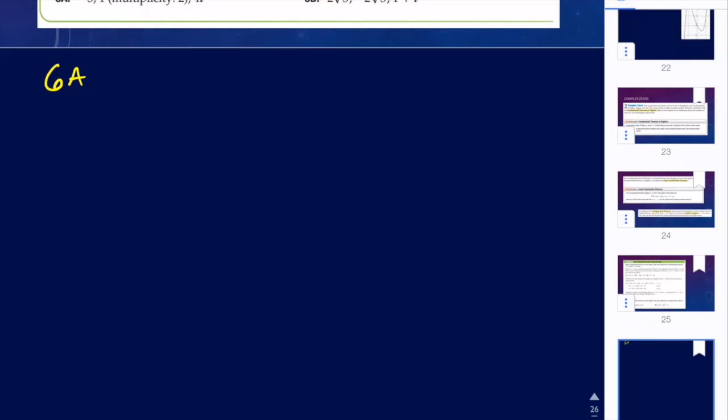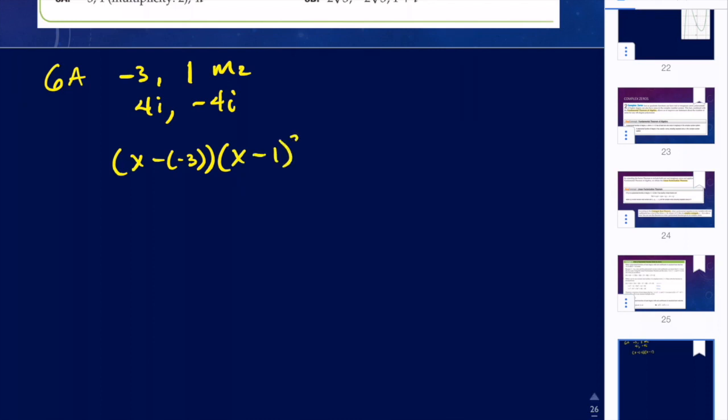So as we do 6a, we have zeros located at -3, 1 with a multiplicity of 2, and 4i. And by the conjugate root theorem, we know that -4i is also going to be a root. So we can write this then. We can say x minus -3 times 1, x minus 1, and we'll just go ahead and say, since that has a multiplicity of 2, call that squared.